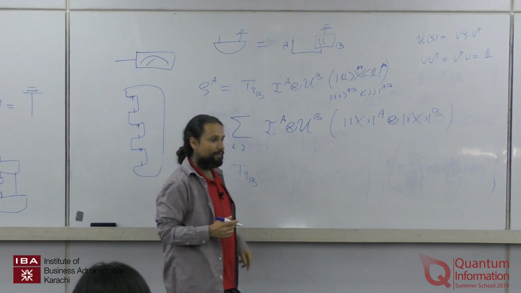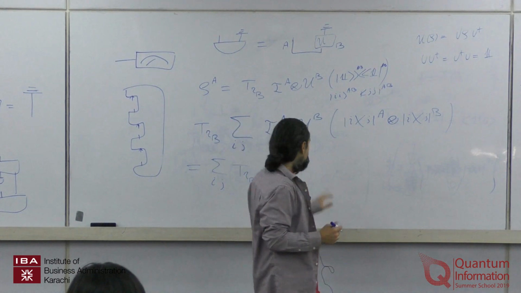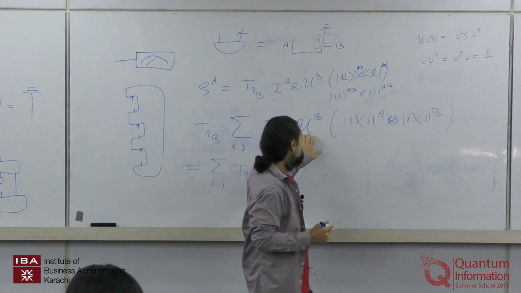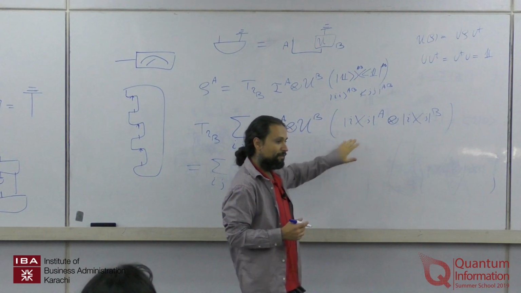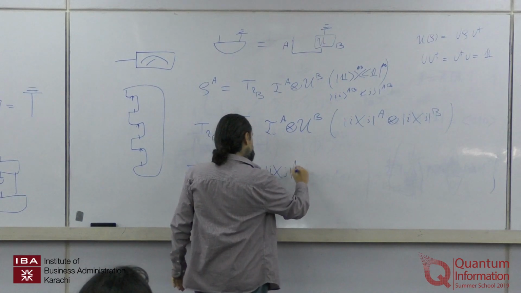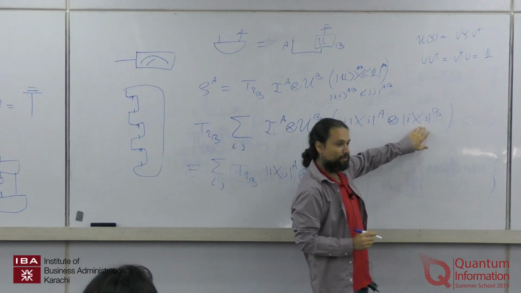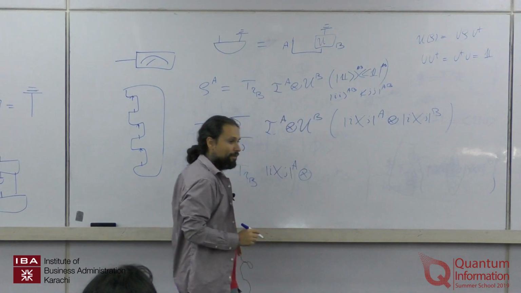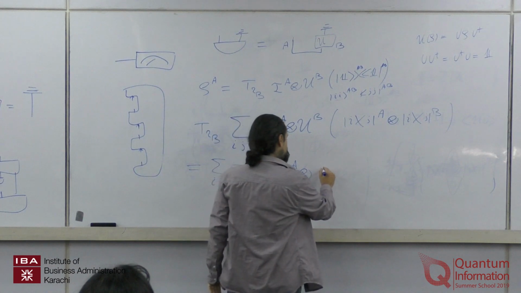First particle with the first particle and second with the second. So this goes on this, and this goes on this. Okay, so what happens when you apply this on this? The same. So we have ij on A tensor, and what happens when you act this on this? UB.